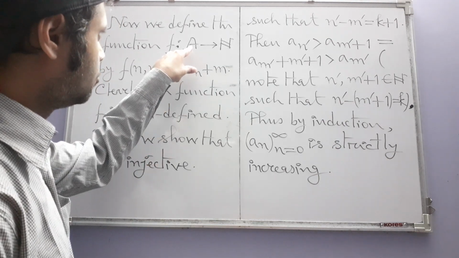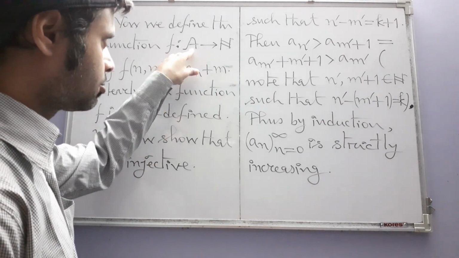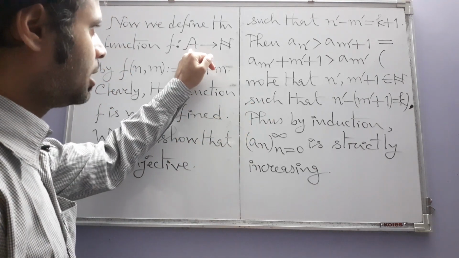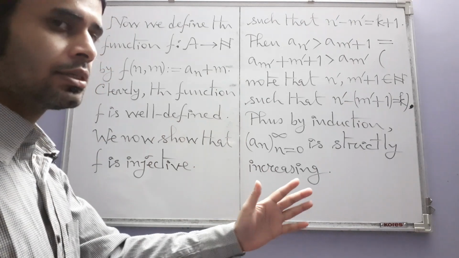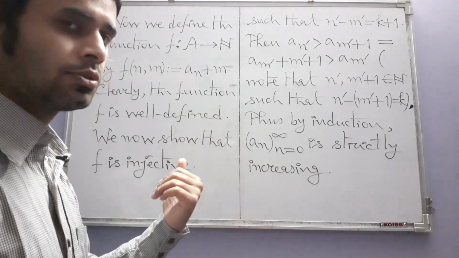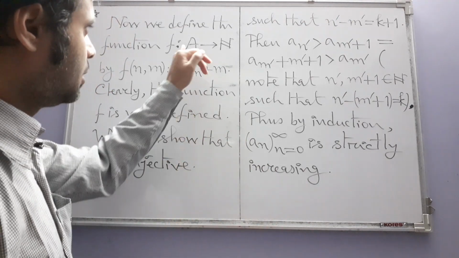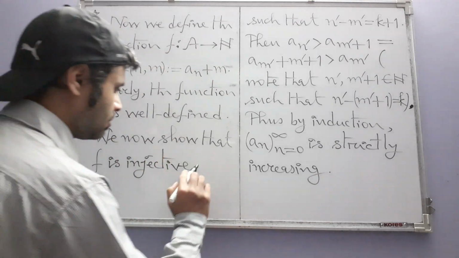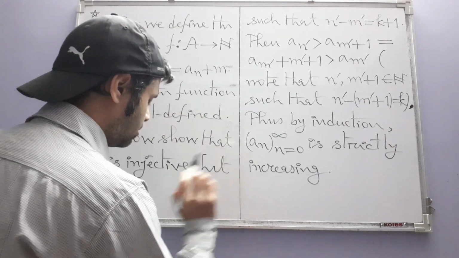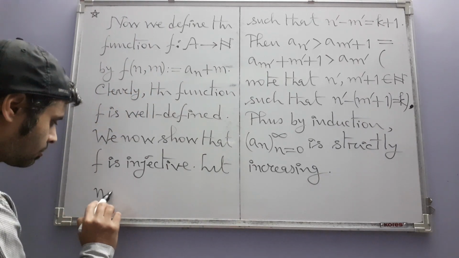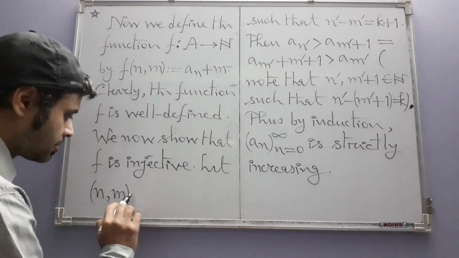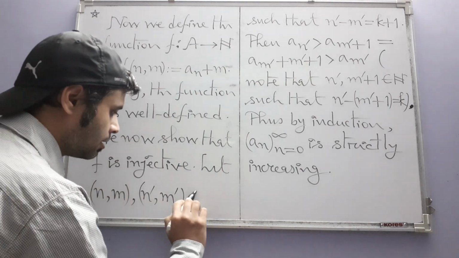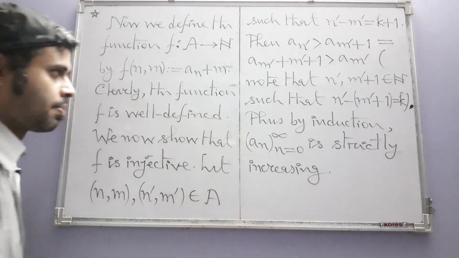Either we take two distinct elements in A and show that their f images are distinct, or we take two elements in A whose f images are equal and then show that the elements are equal. So we are going to do the former because the author has done it that way. So let us consider two distinct elements in A.